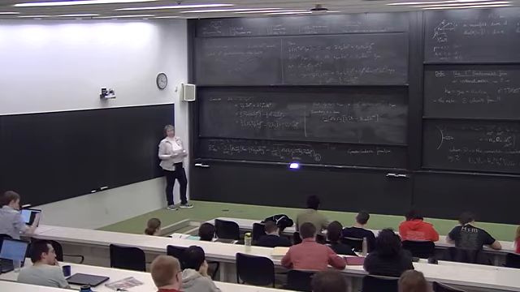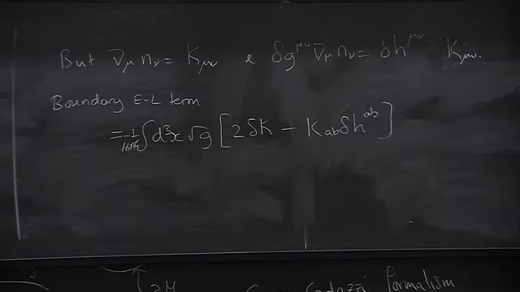My boundary Euler-Lagrange term is now just the variation of the extrinsic curvature, and I've got a KAB term.